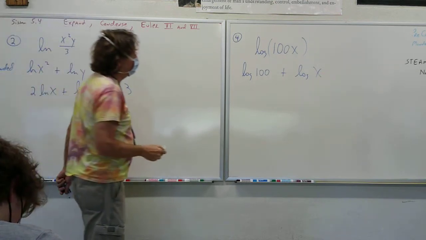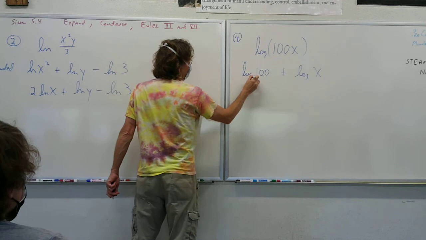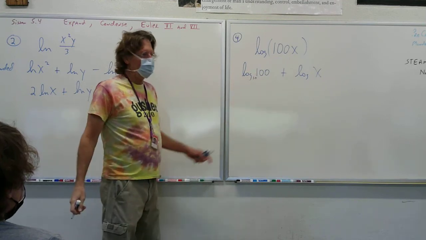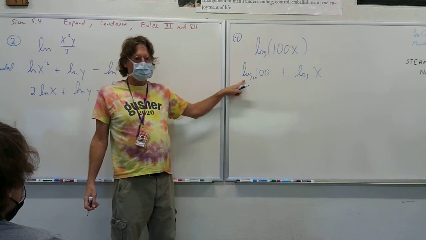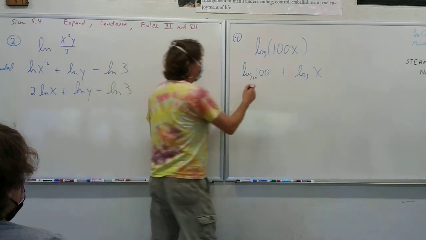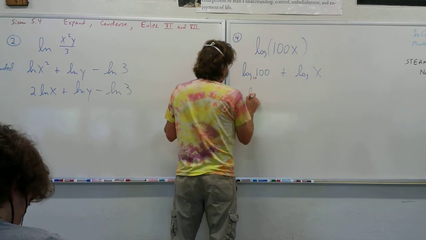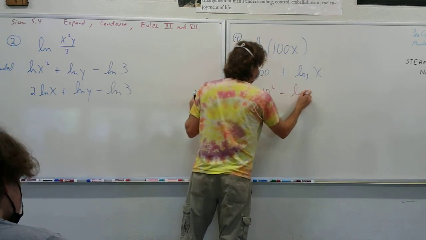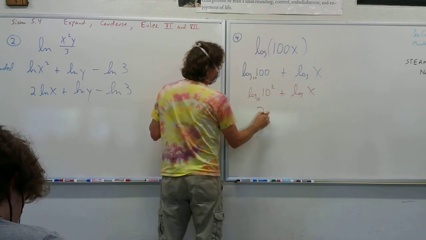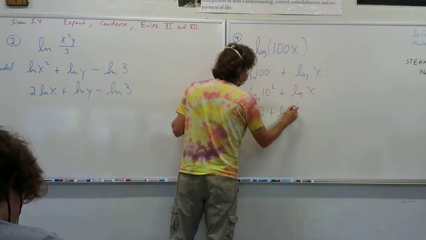The reason they would do that is because if that's an understood 10 there, does everybody realize that equals 2? Do I need to write out the steps to make it equal 2? No. So you get 2. I'm going to write out the step, because I'm a kind, caring man. I put the 10 there, so you get 2 plus log x.